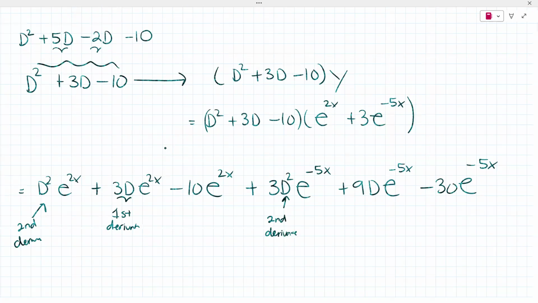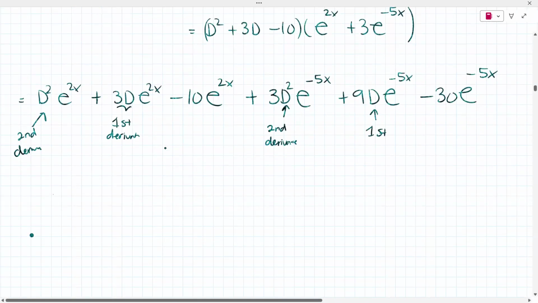This d represents the first. Okay, so what we're going to need is we need to find the first derivative and second derivative, right?